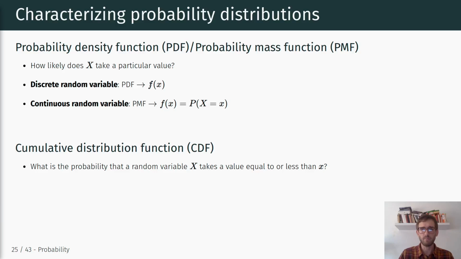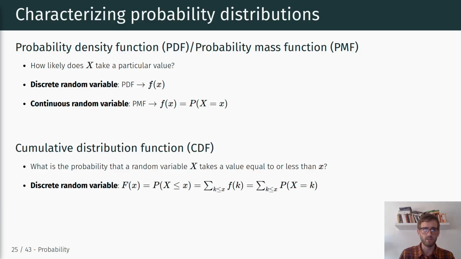So basically, this is at least here now mixed up. For discrete random variables, this is denoted as capital F of x, or the probability of x being smaller or equal to x, and this is just the sum of all the probability mass functions for k being smaller or equal to x, right?